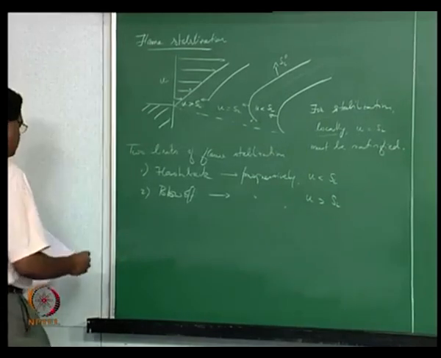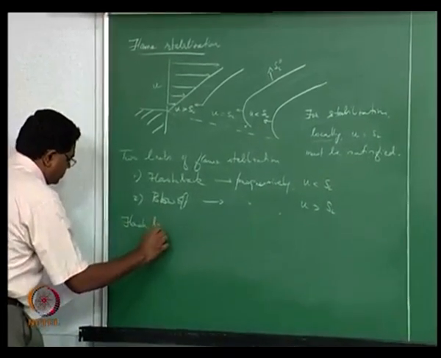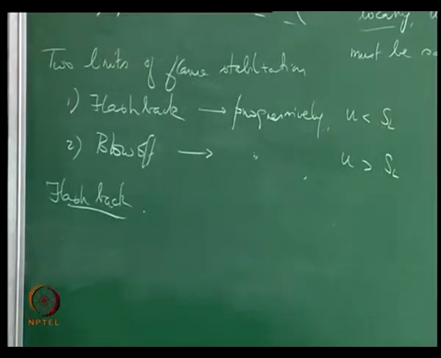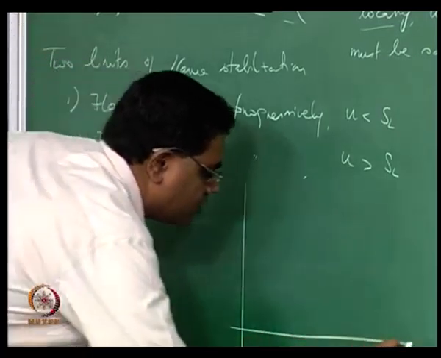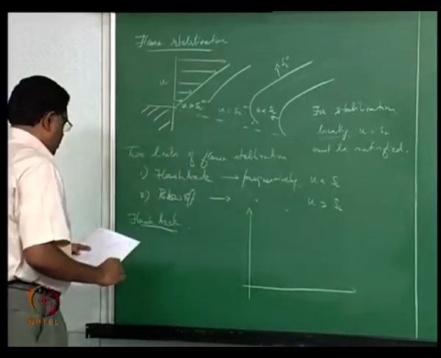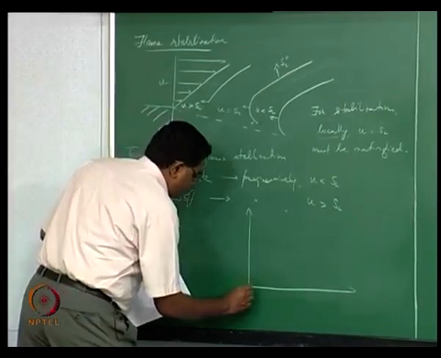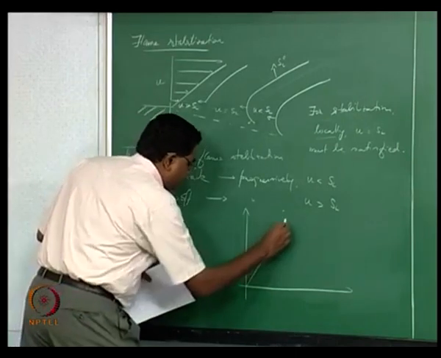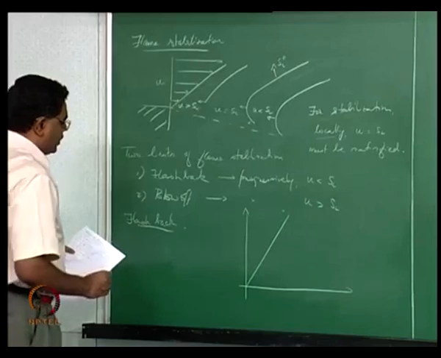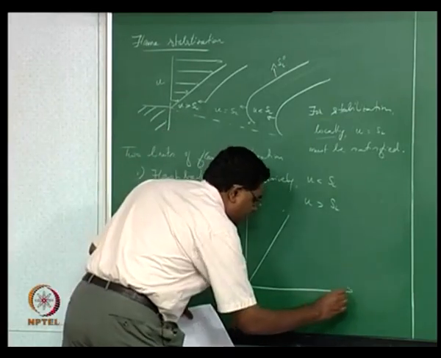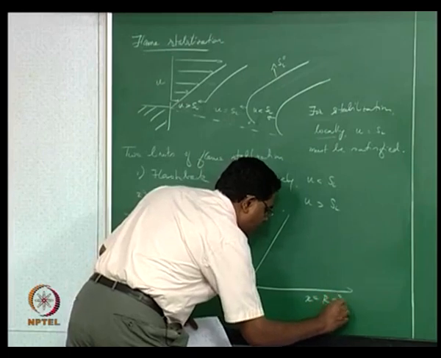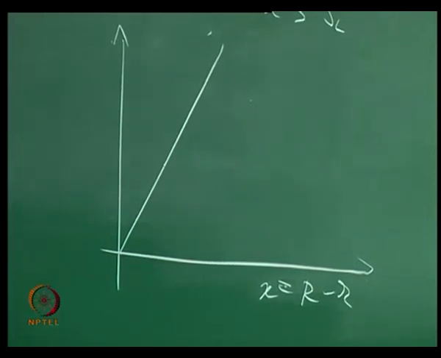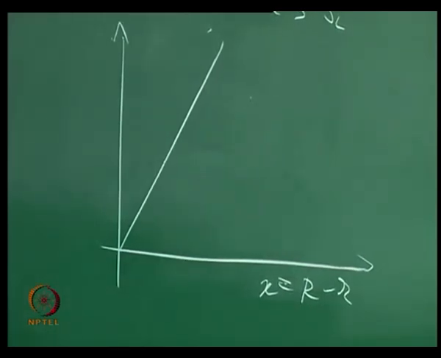So let's look at the flashback situation. Let us suppose you had a velocity profile going like this with respect to x, which is r minus r, the x coordinate measured radially inward from the burner rim.